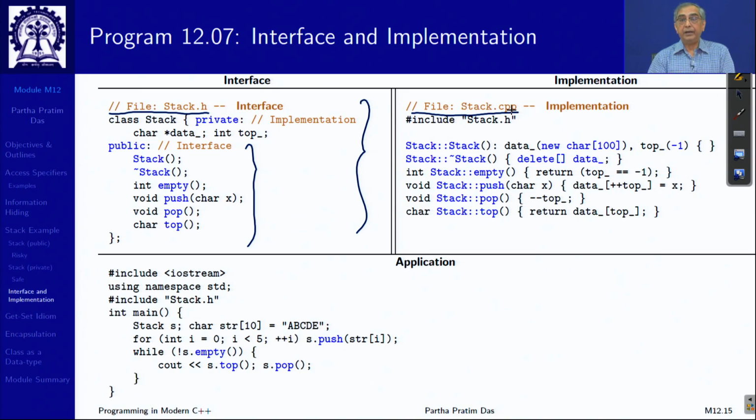Then I will have another file which I call the source file or the implementation file, where I include this. So, this gets to know the class, it knows that stack is a class, and then I actually write the code for each one of them.